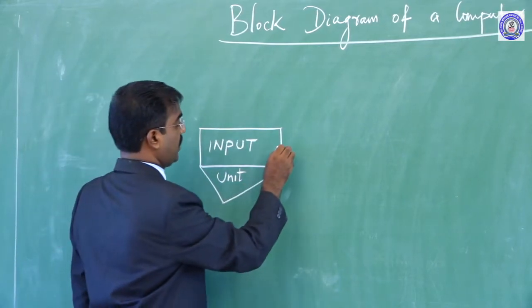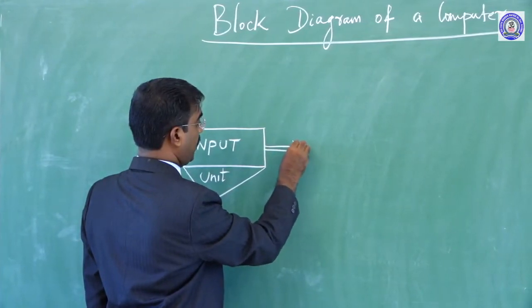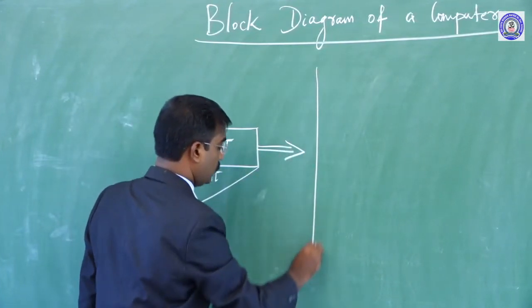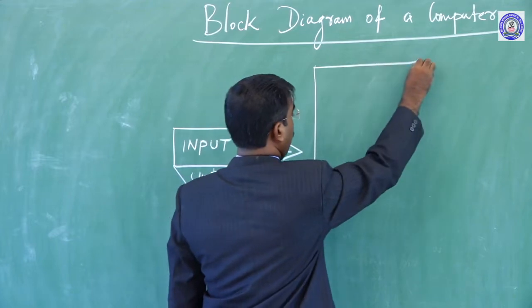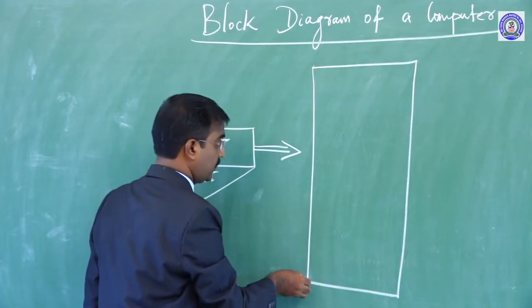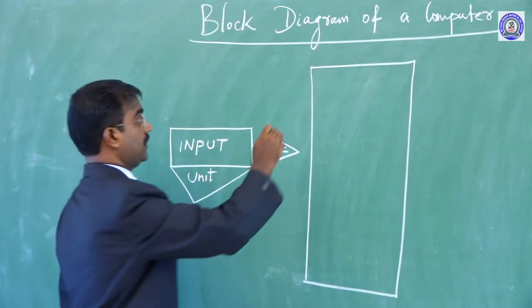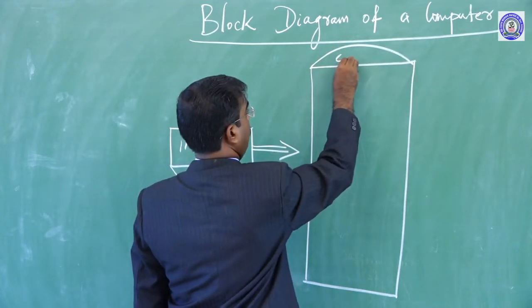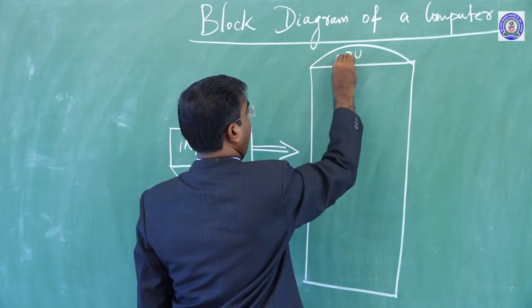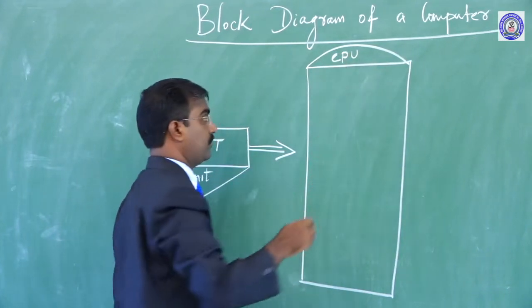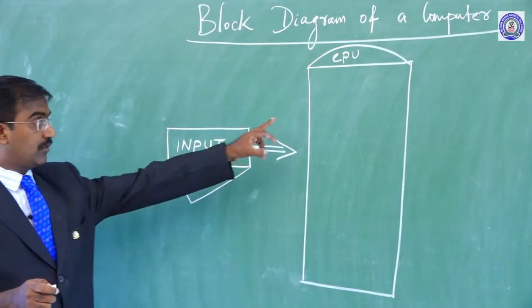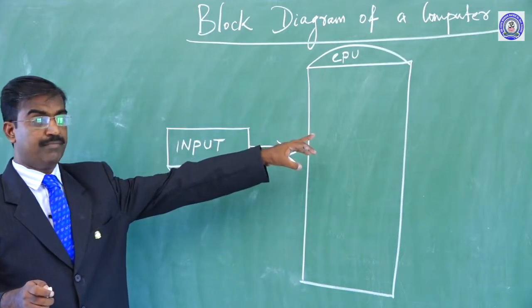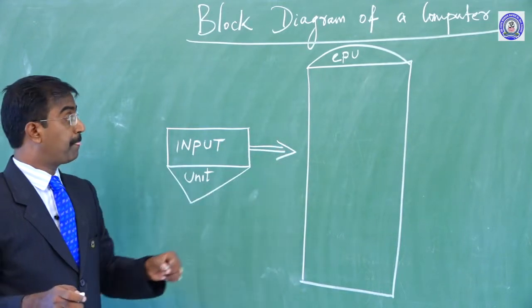The instructions from the input will go to the CPU. You know the CPU is the heart of the computer and at the same time the brain of the computer.